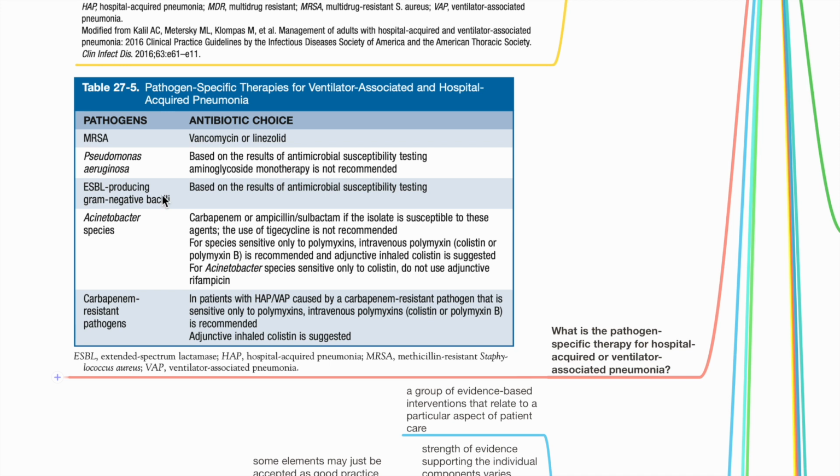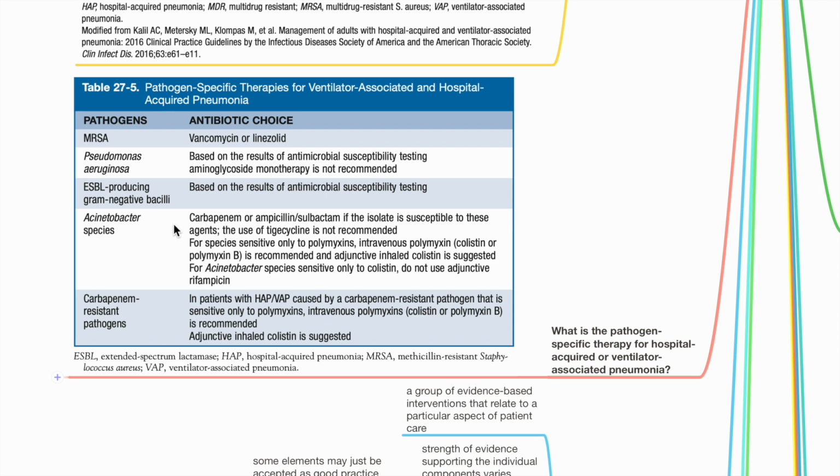What are the pathogen-specific therapies for HAP and VAP? For MRSA, antibiotic of choice is vancomycin or linezolid. For Pseudomonas aeruginosa and ESBL-producing gram-negative bacilli, antibiotic choice should be based on susceptibility testing. Options for Acinetobacter treatment include carbapenem or ampicillin-sulbactam if the isolate is susceptible.